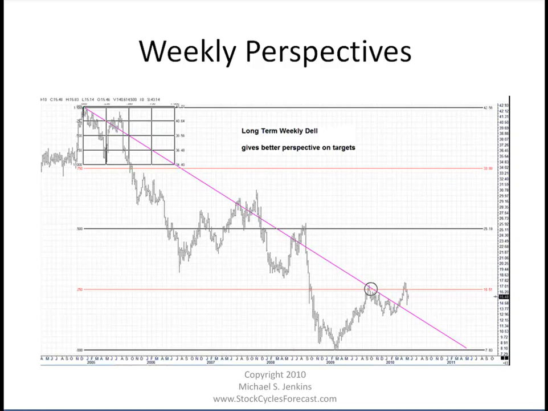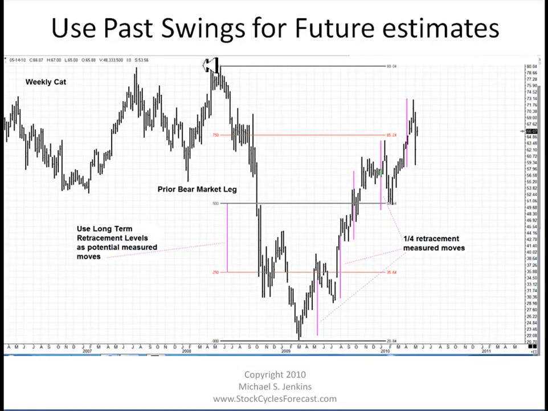We can use this in a number of ways. If we take the last bear market swing and subdivide it into at least quarters and halves, we often will find that these are the normal measured moves that we come up with a lot. For instance, here's the distance between the half and a quarter movement. It's basically a 1/4 length of the leg down.